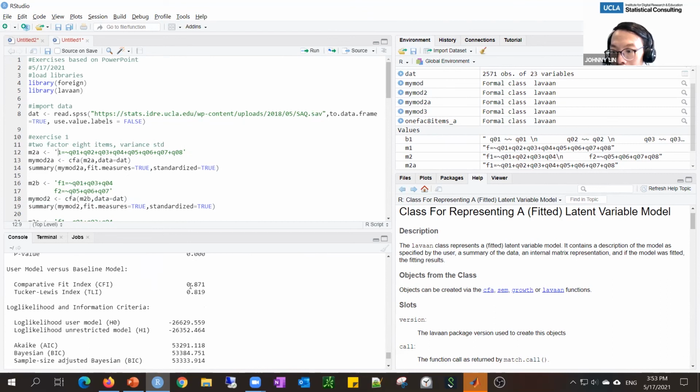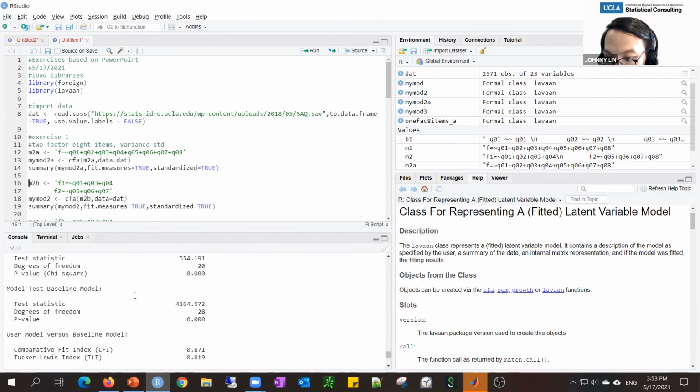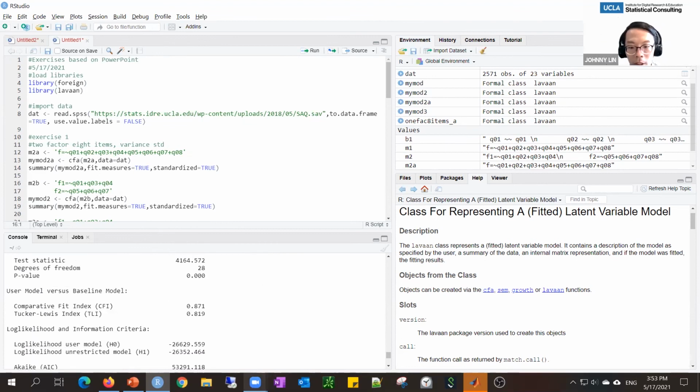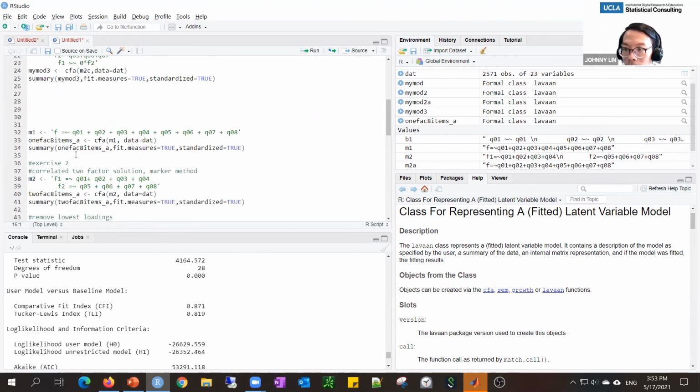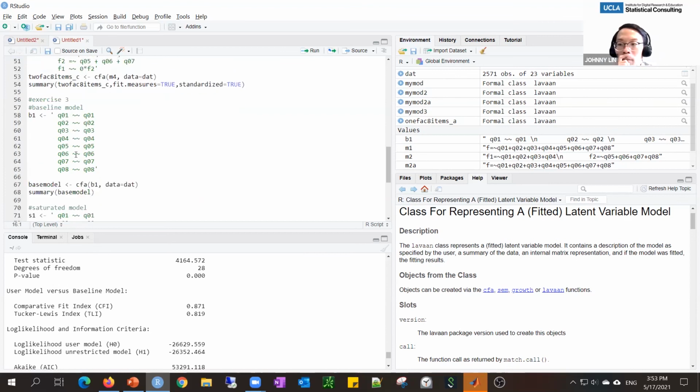Yeah, I think it's probably rounding error too. Let me just make sure. Yeah, I think it's rounding error. Okay, so anyone want to share how they did it? It should be around 0.87, right?